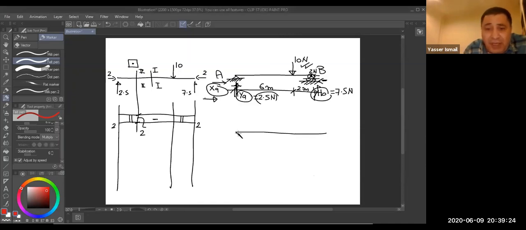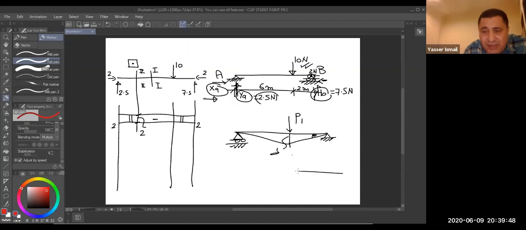If you have a beam with an external load like V1, the deflection will go in this direction. It will be deflected in this shape, and this is the slope, and this is the elongation. Assume this is a uniform load covering all the beam.